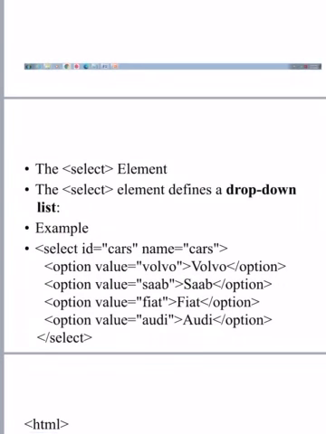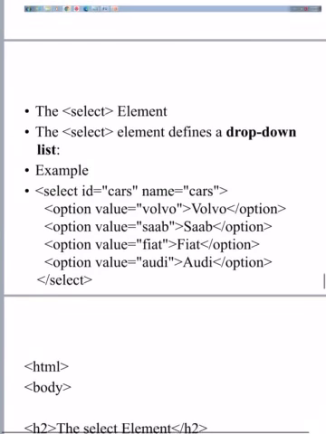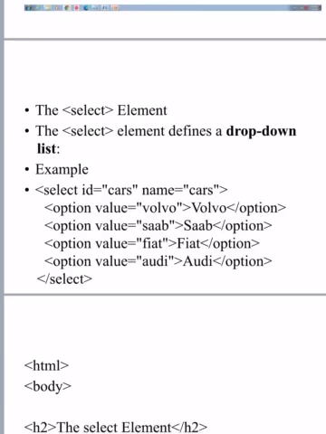Option value is equal to Volvo, this is Volvo, and closing option tag. Similarly, option value is equal to Saab, option Fiat, and then close the option tag. So like this we have put 4 options for cars, and then we have closed all option tags, and then we have closed the select tag.